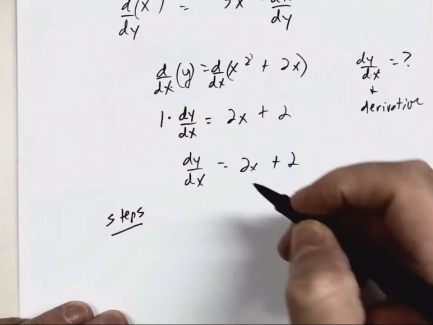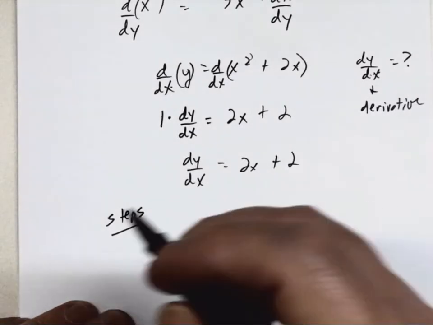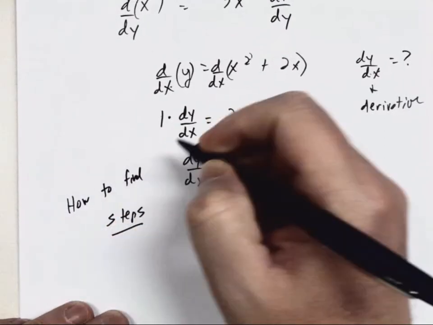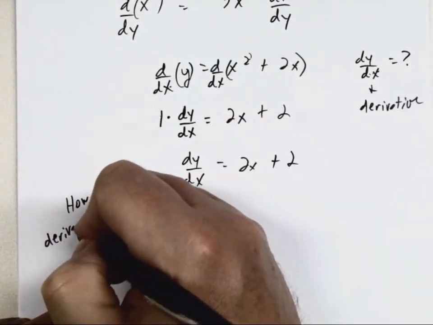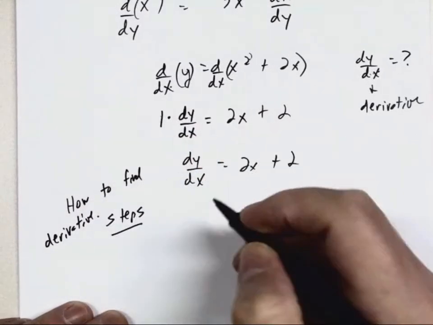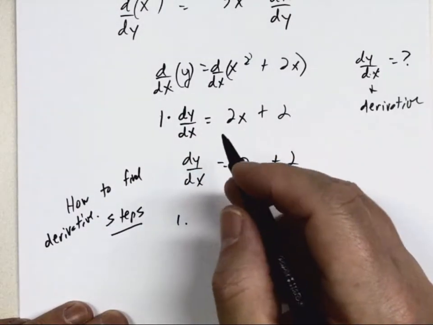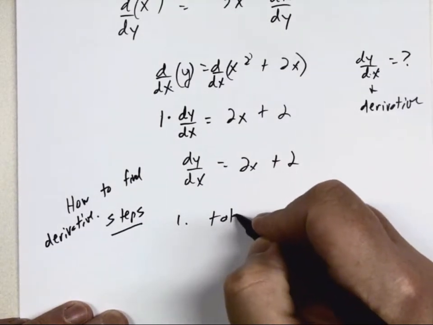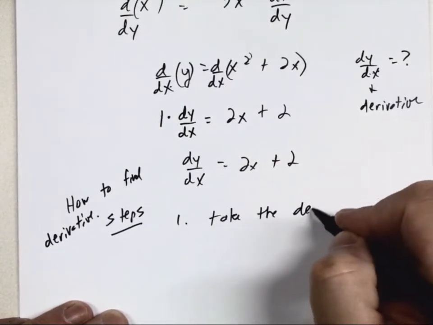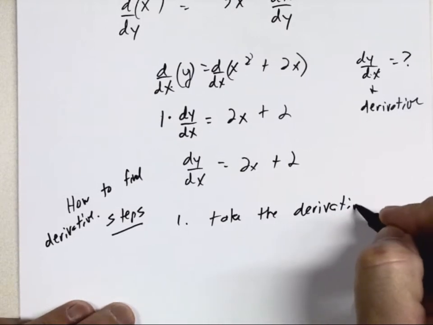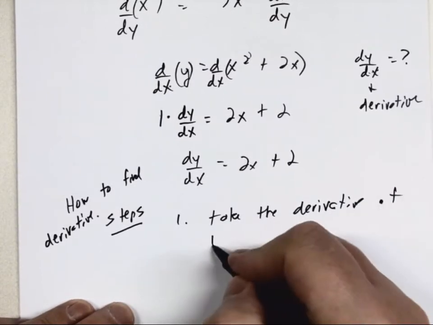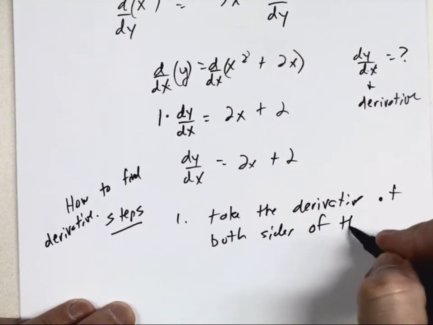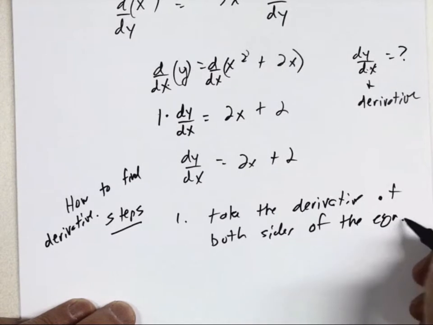So here, how to find a derivative. Step 1, take the derivative of both sides of the equation.